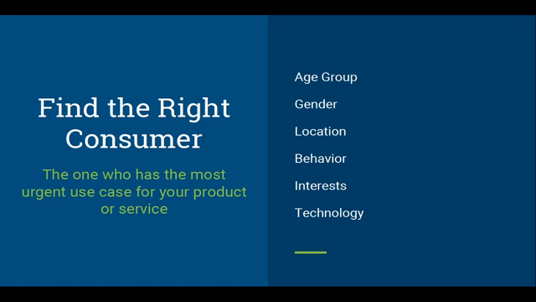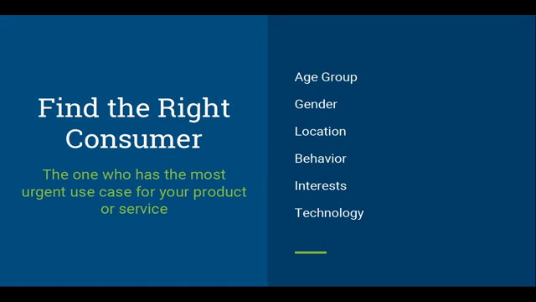You define your consumers based on their age group, gender, location, and behavior. By behavior, we mean, for example, whether they are used to iPhones or Android phones, whether they make purchases at the beginning or the end of the month, or whether they use mobile for personal use late at night or only on weekends.